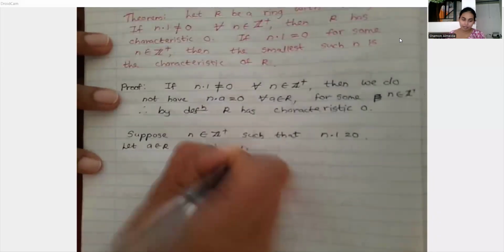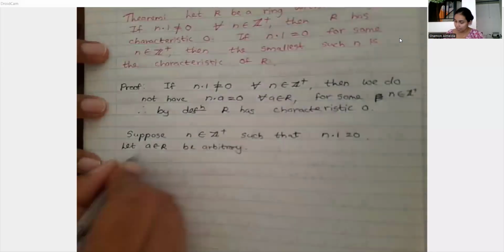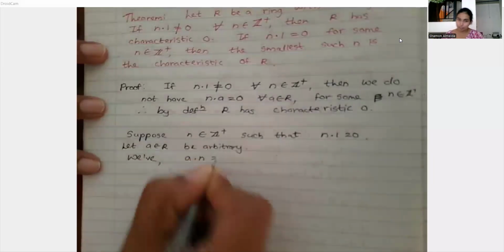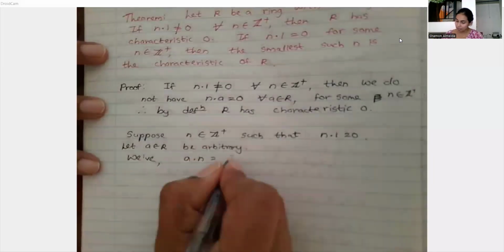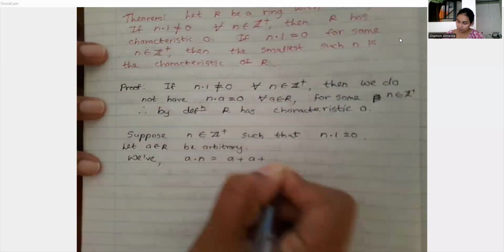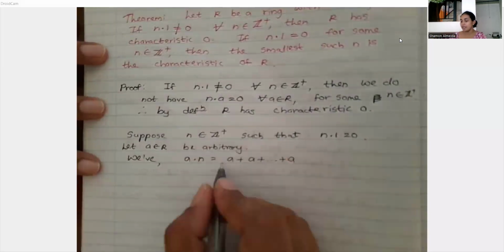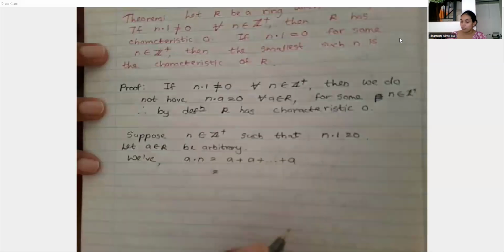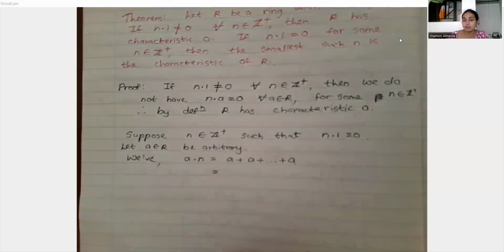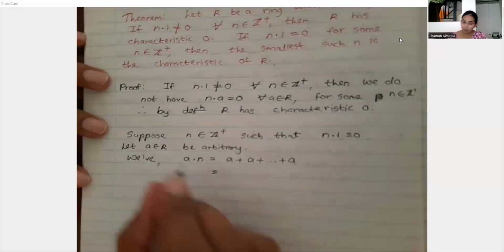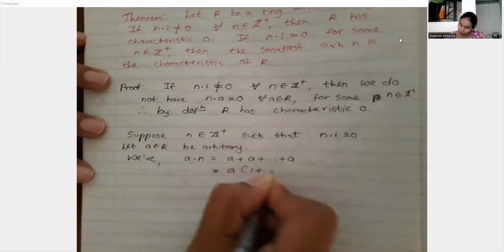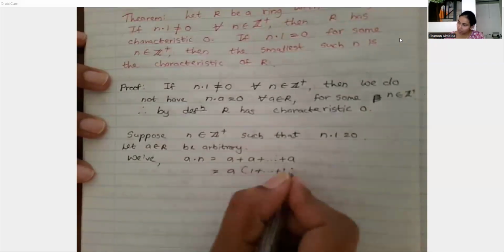Let a in R be arbitrary. Then we have a times n, which is simply a plus a plus and so on, with n terms in this summation. Now what do we do? Using distributive laws in a ring, we factor out a. We have a times (1 plus 1 plus and so on), and how many terms are there in this summation? n.